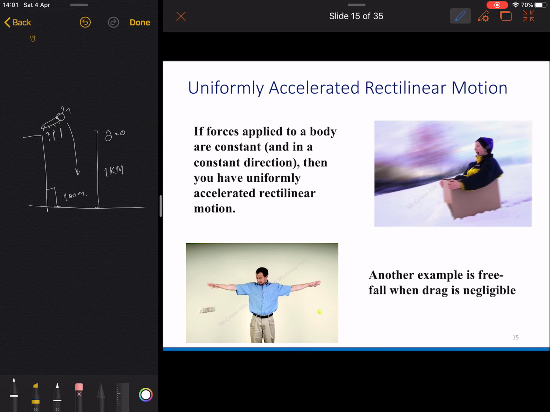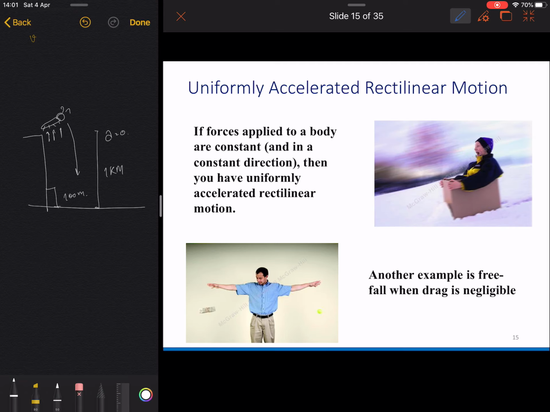Then next, for example, if a force is applied to the body constantly in a constant direction, then you also have uniformly accelerated rectilinear motion.